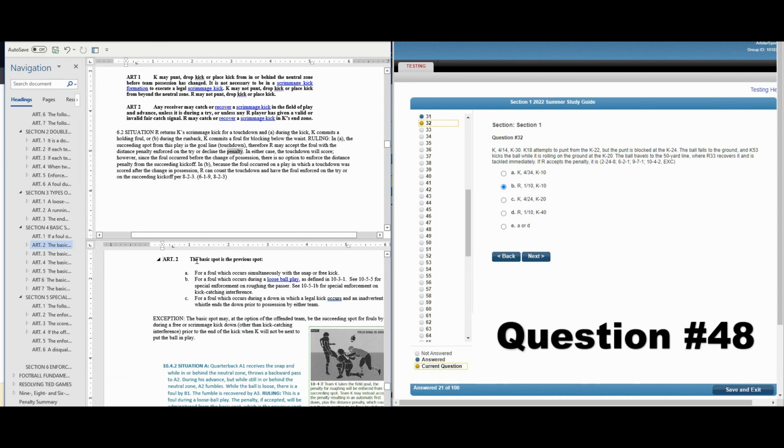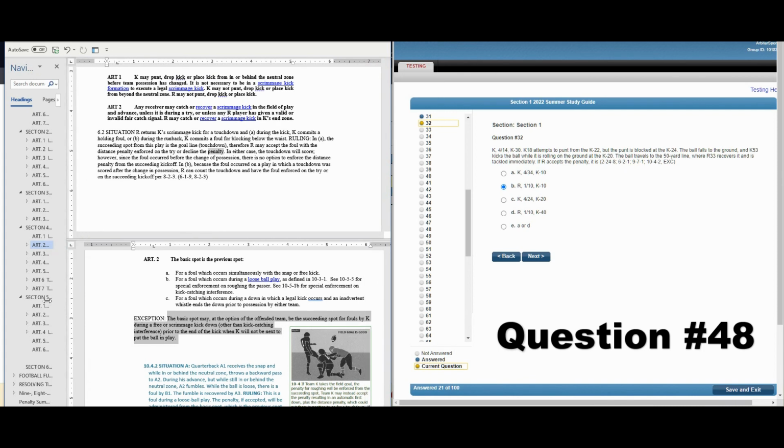Okay, so 10-4-2 says the basic spot is the previous spot for a foul which occurs during a loose ball play, which is what we have, right? So our enforcement spot is either, and then we have an exception. The basic spot may, at the option of the offended team, be the succeeding spot for fouls by K during a free or scrimmage kick down, other than kick catching interference, prior to the end of the kick, when K will not be the next to put the ball in play.